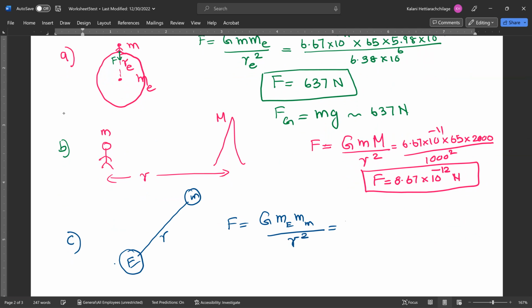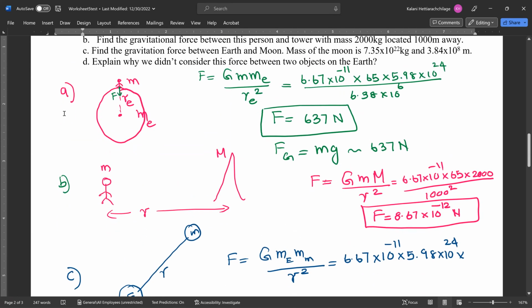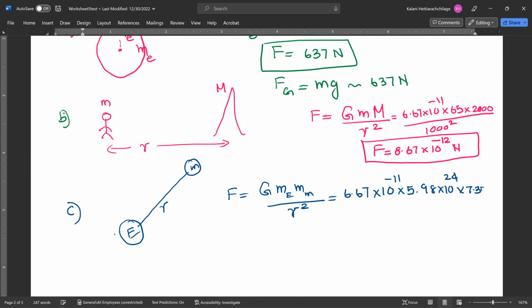Again, plug in the values. So now you will see when you go to astronomical systems or the planets, you are going to need this force because it is a greater value. Times the mass of the Earth, 5.98 times 10 to the power 24, and the mass of the Moon, 7.35 times 10 to the power 22, divided by the distance, 3.84 times 10 to the power 8, to the power 2.